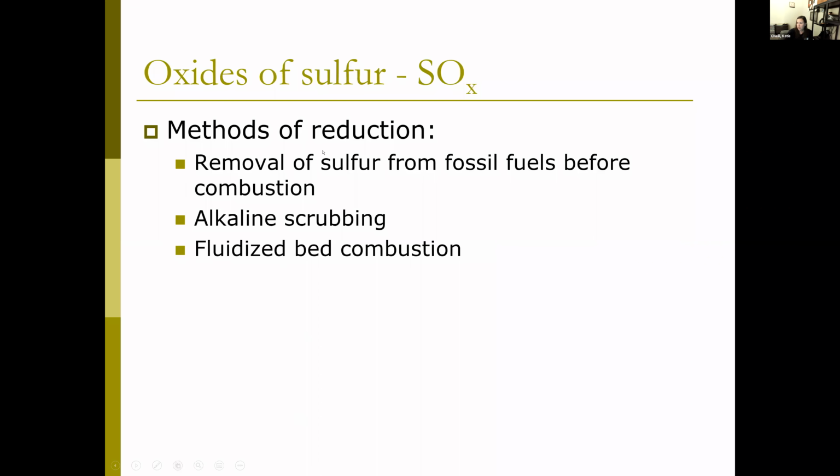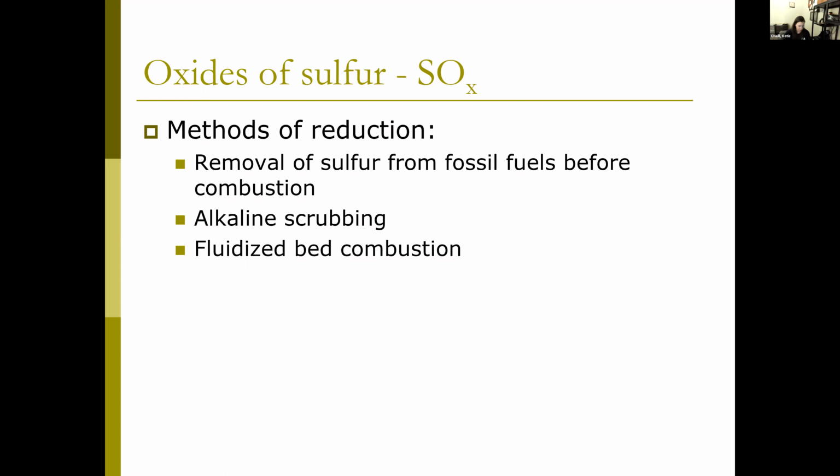So then the ways that we can address this, reduction, not the chemical term, but how to reduce the problem. We could try to prevent the sulfur from getting into the atmosphere in the first place by removing it from the fuel. We're going to look at individual slides on each of these three things in just a second.